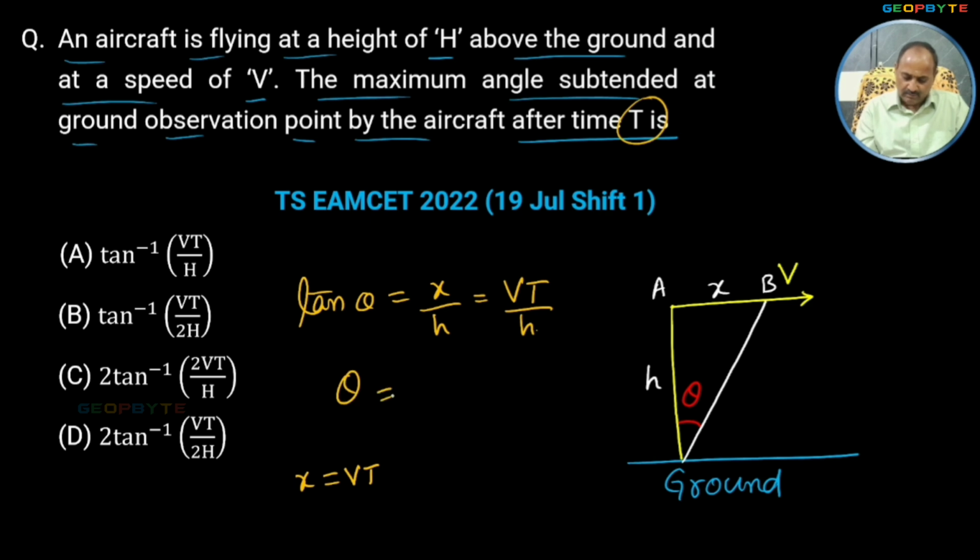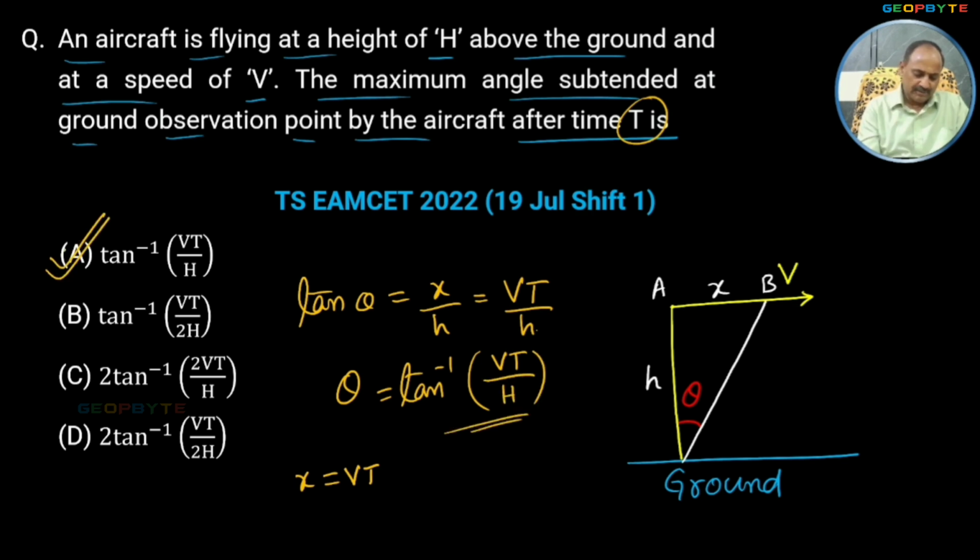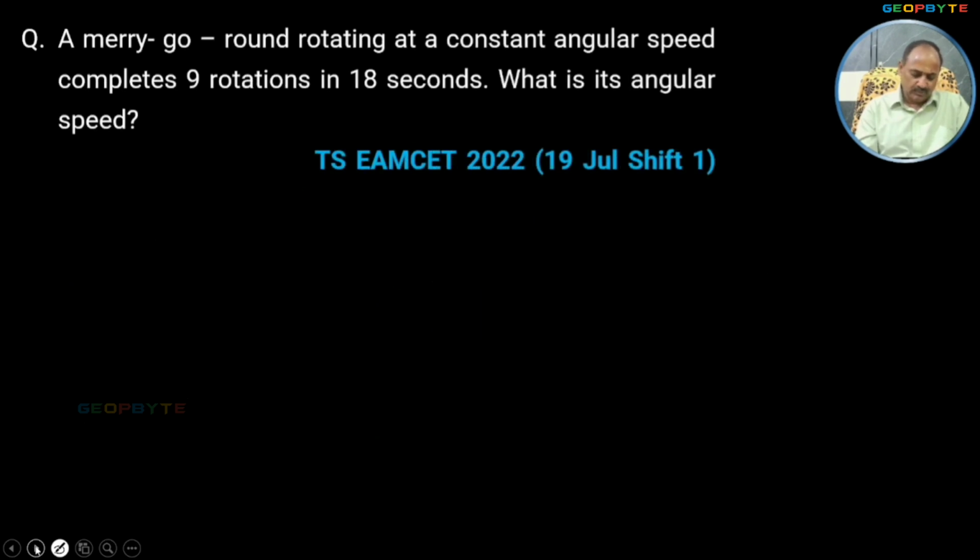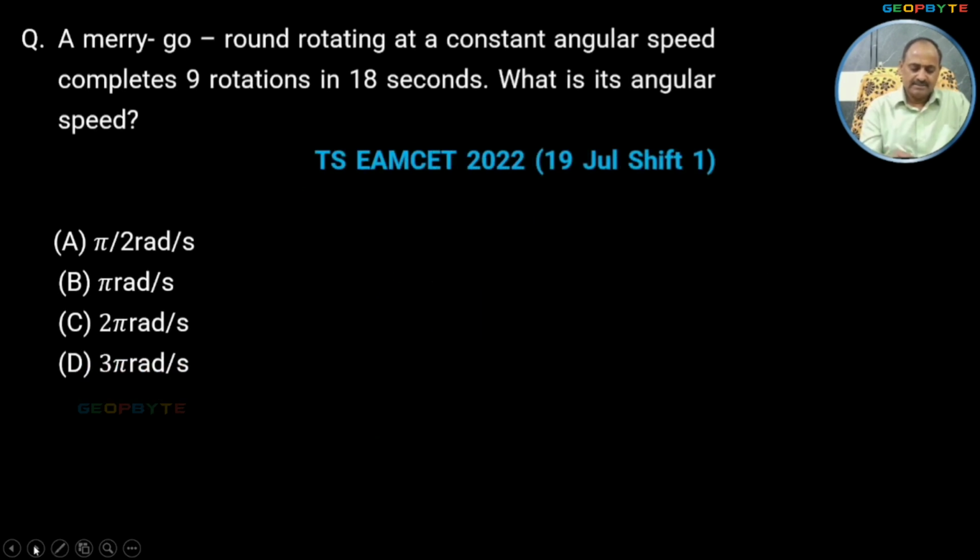Then angle equal to tan inverse Vt by h. Look at option A. Option A is absolutely correct. Understood clearly? Yes. Similarly, let us take another important problem.